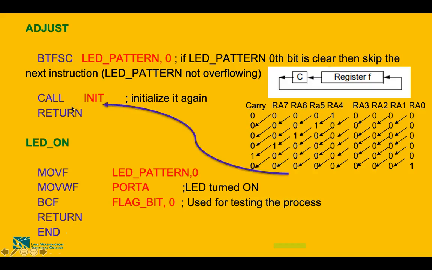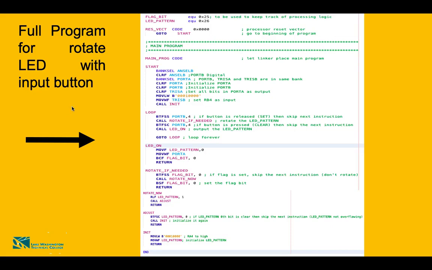Now the next thing I'm going to show you is again the same slide which I showed you in the beginning, which is the full program. This is the full picture of the program, and you see that this is our initial code.